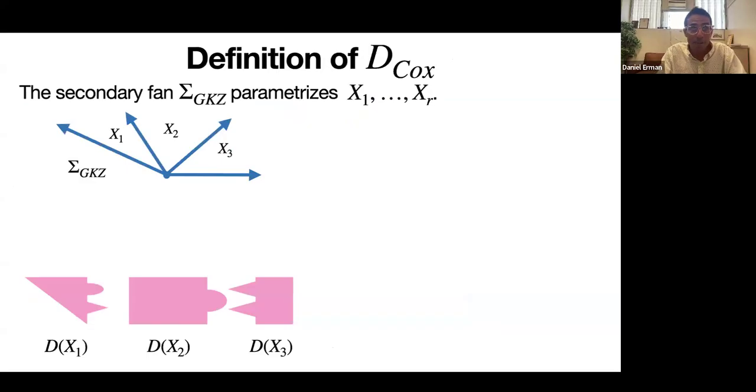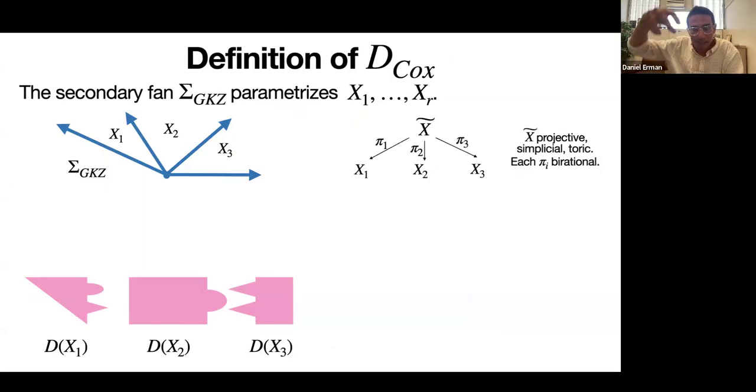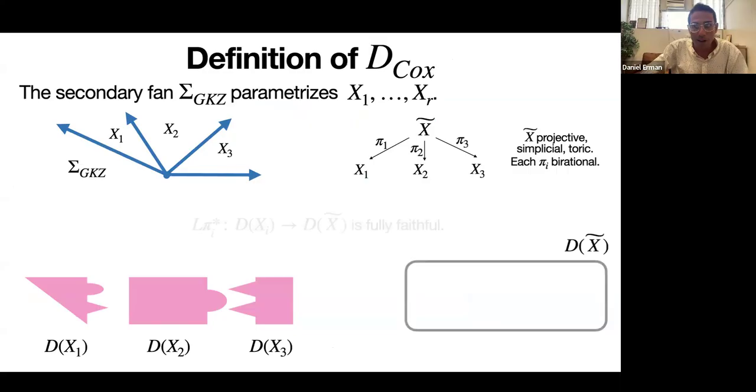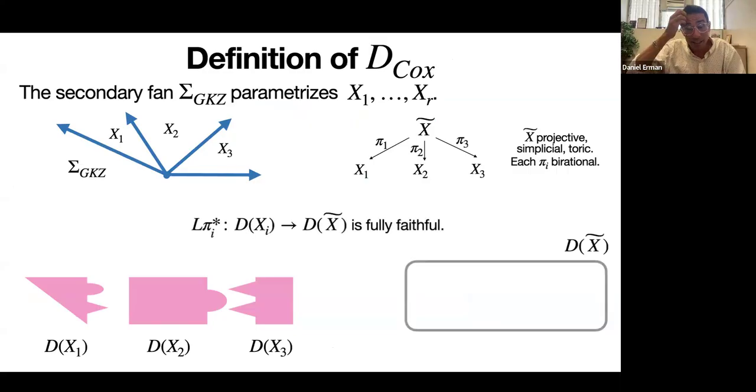All right. And now I can tell you how I'm going to put them together. So we go like this. We have our X1 through Xr. They're all the toric varieties that come from a single Cox ring. And what I'm going to do is choose a common cover of all of them, this X tilde. I need it to have some nice properties, but it's easy to arrange. So I find something that covers all of them.